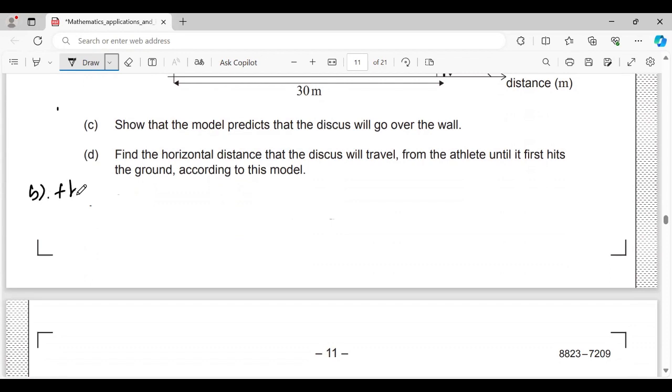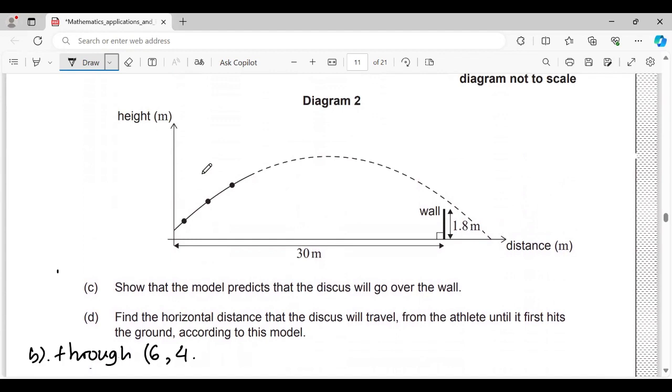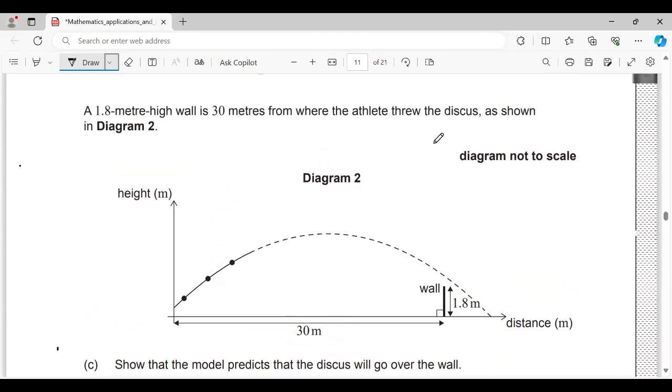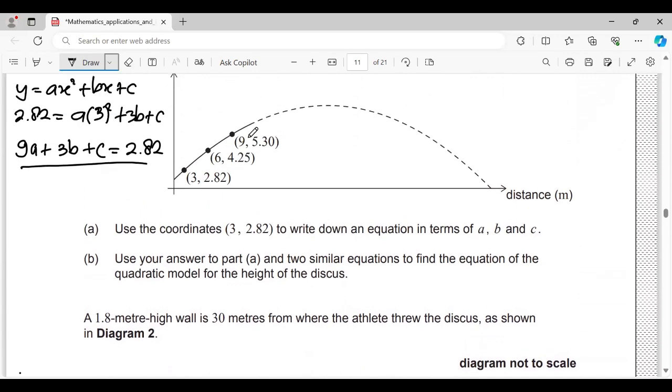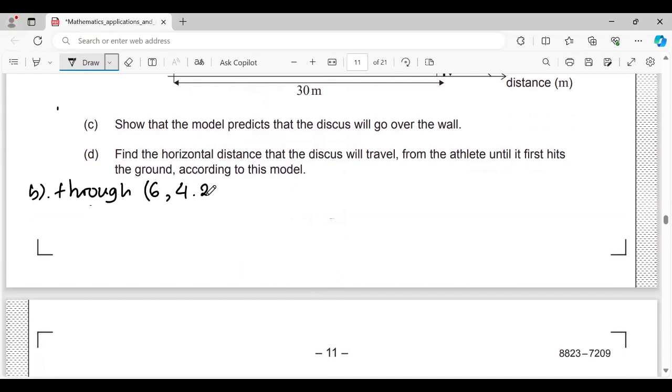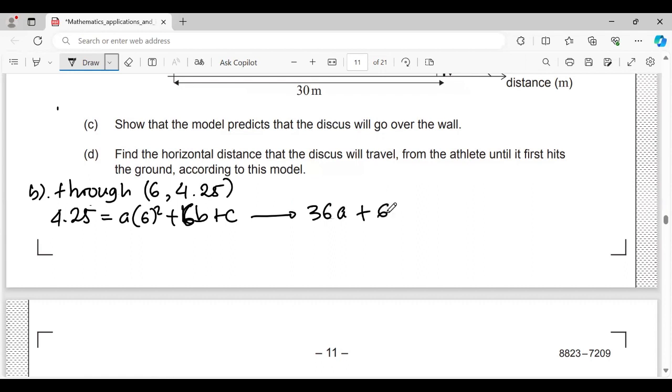Through (6, 4.25), so it becomes 4.25 equals a times 6 squared plus 6b plus c, which becomes 36a plus 6b plus c equals 4.25.